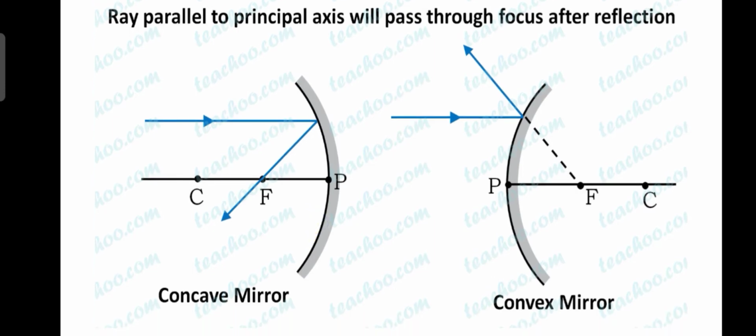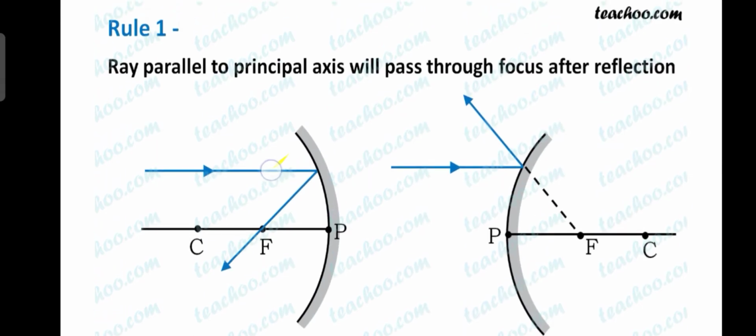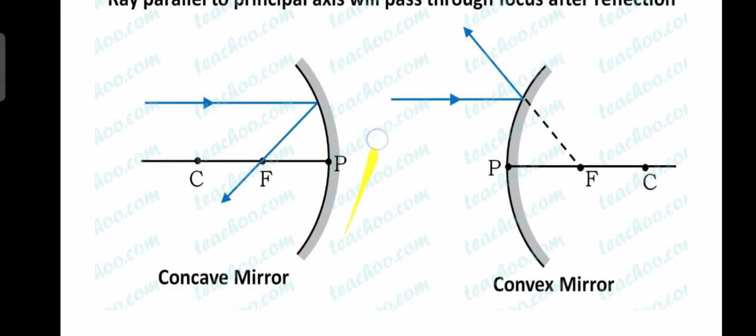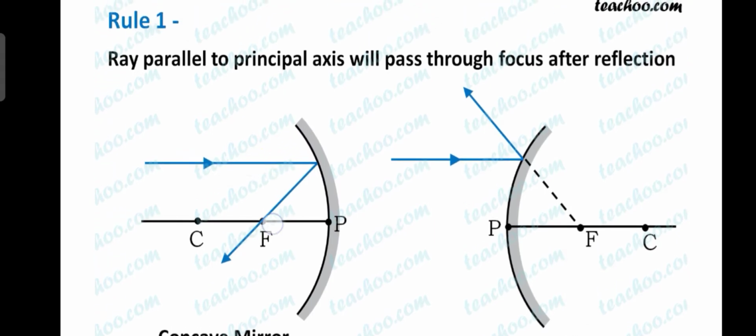If the incident ray is parallel to the principal axis, then it is reflected back through the principal focus.